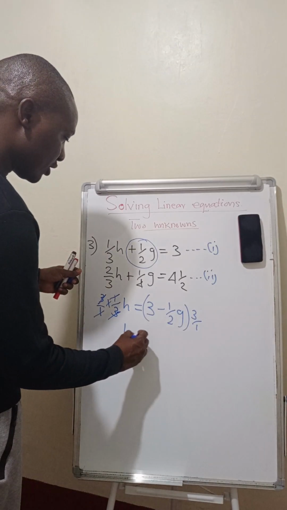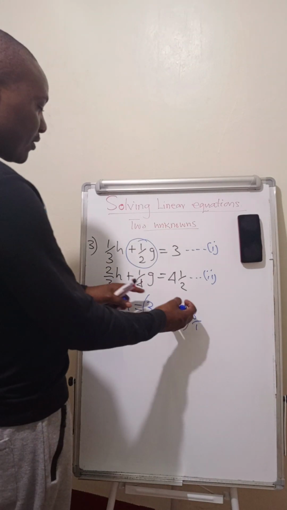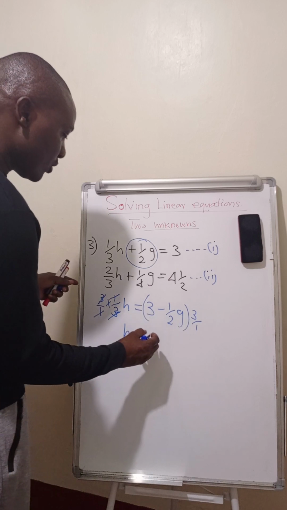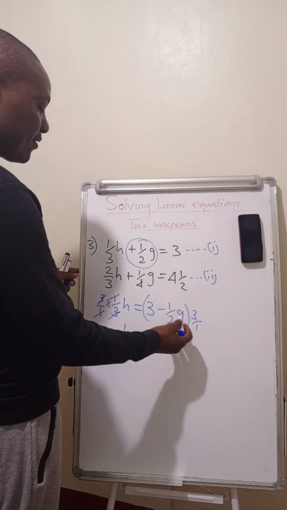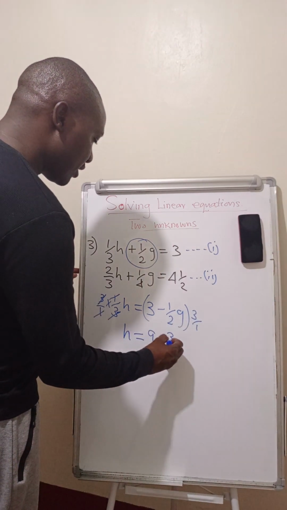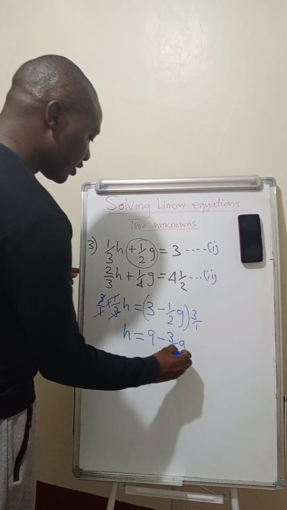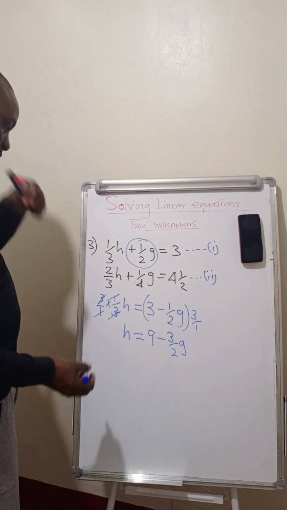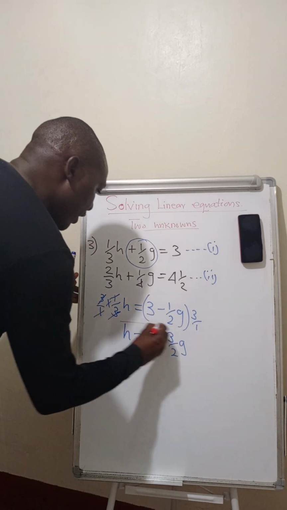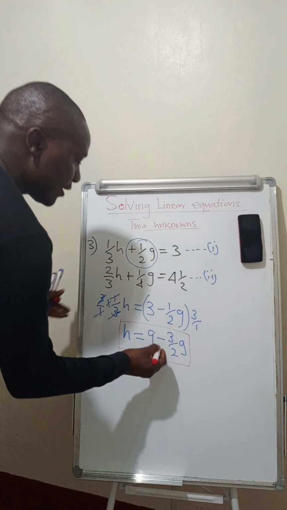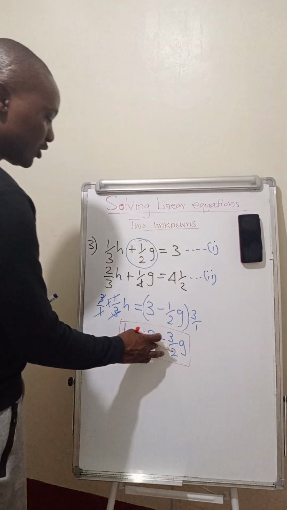So h is equal to, we've opened this bracket, 3 times 3 will give you 9. Then minus, if you multiply a half by 3, you will get 3 over 2g. Remember, it's a negative number. So our h is 9 minus 3 over 2g.